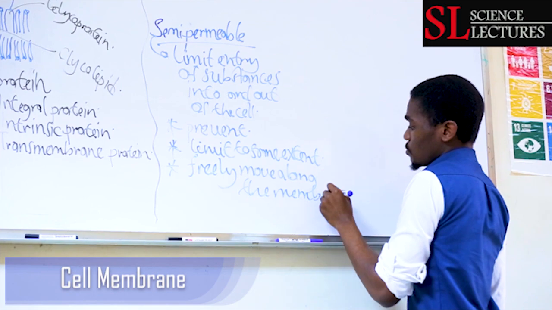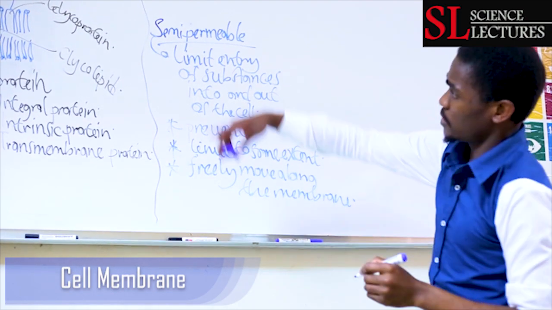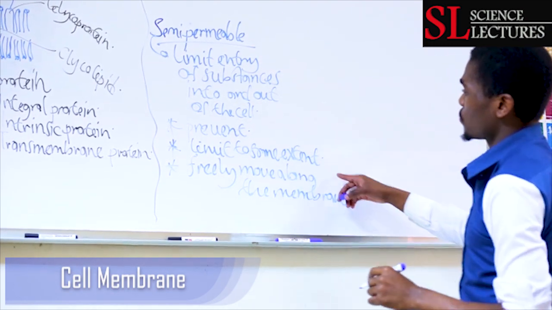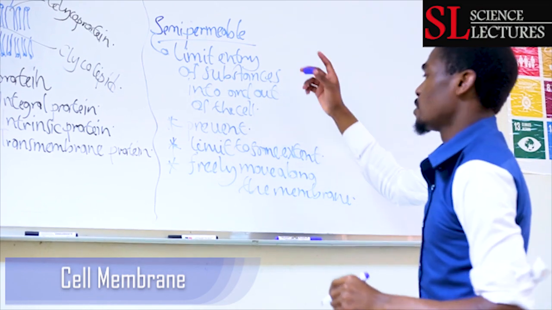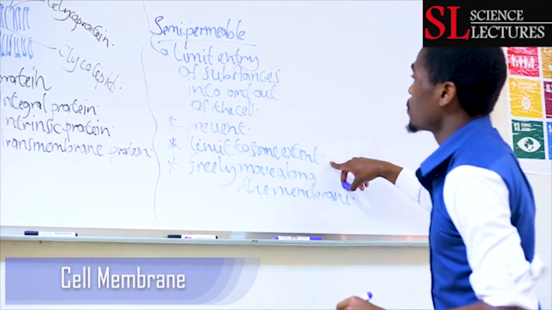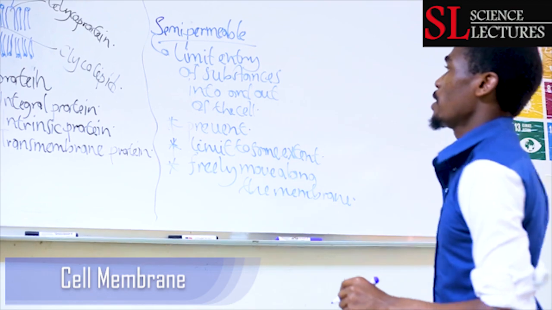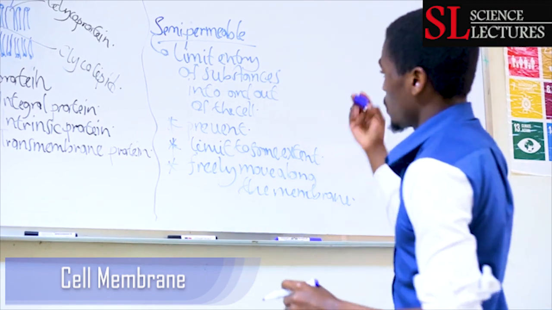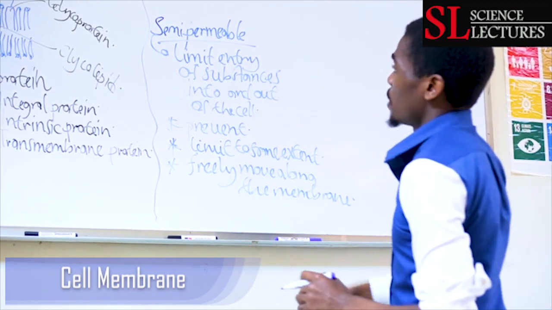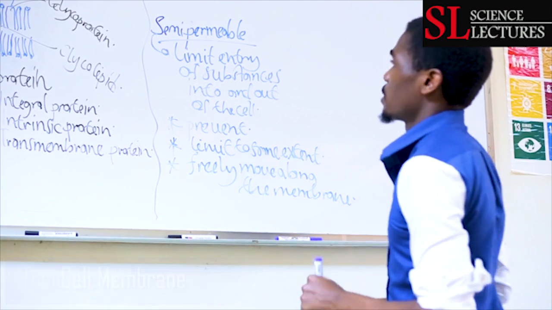We are going to see molecules that can freely cross the cell membrane, molecules that do not cross the cell membrane, and molecules that cross the cell membrane to a given extent.